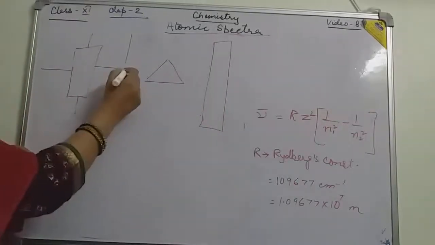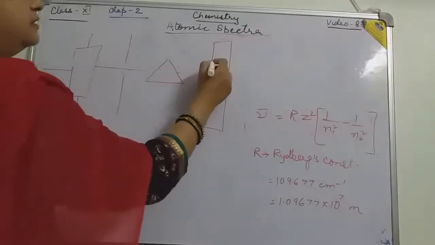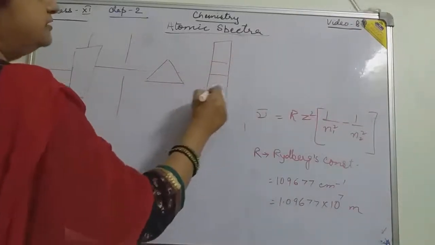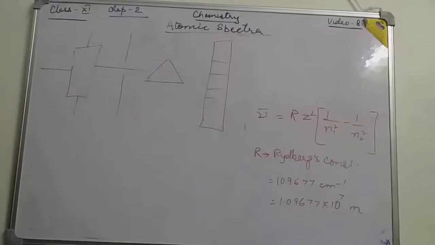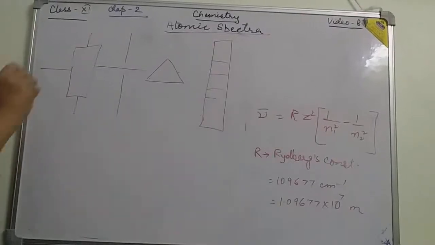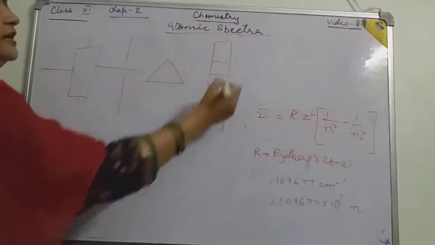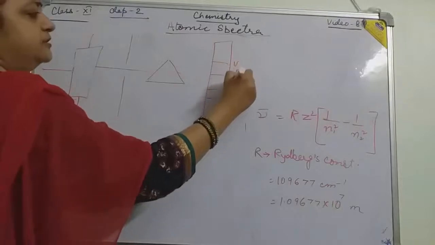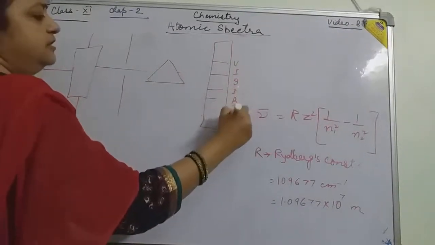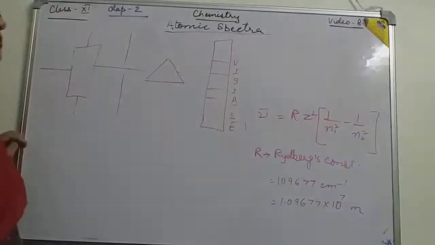Which spectral lines are observed? These lines have a definite pattern, a definite number of spectral lines, and these lines are in the visible region.